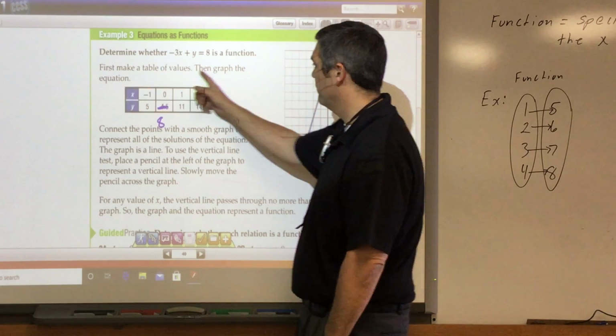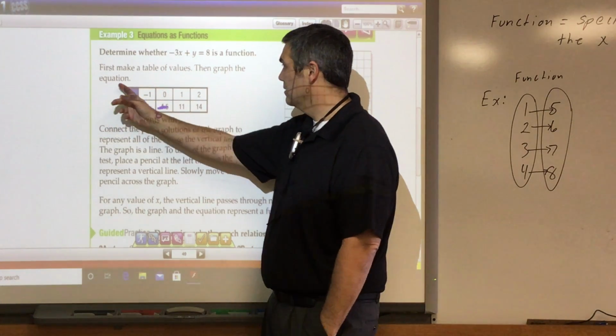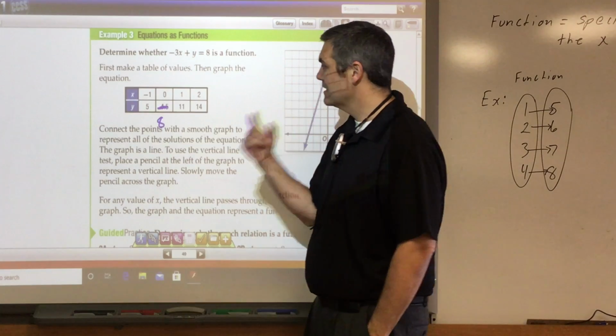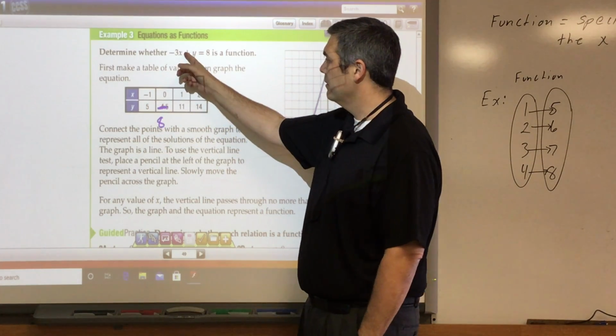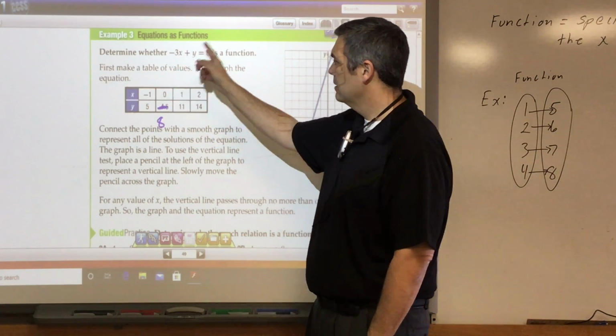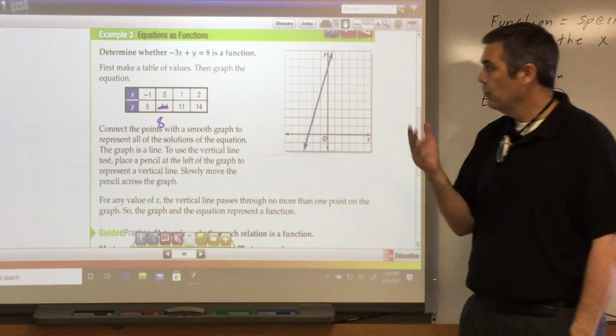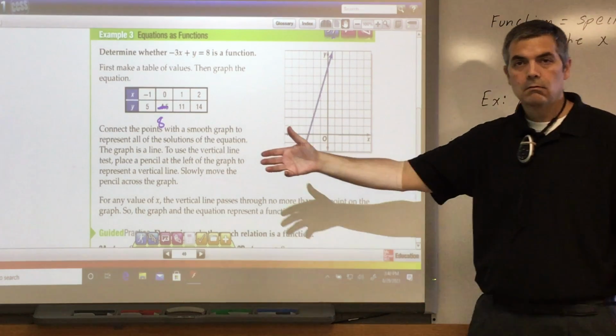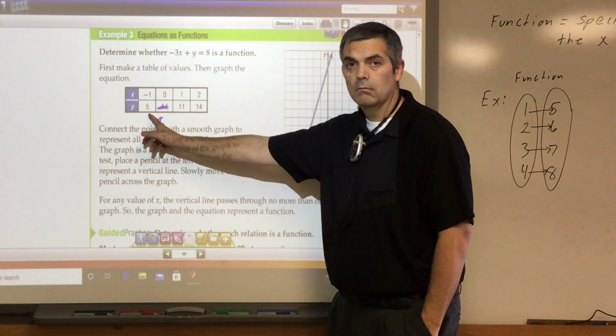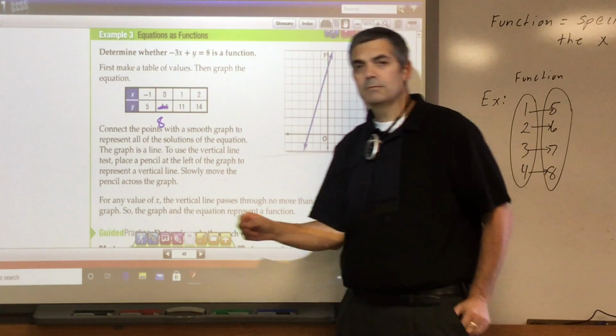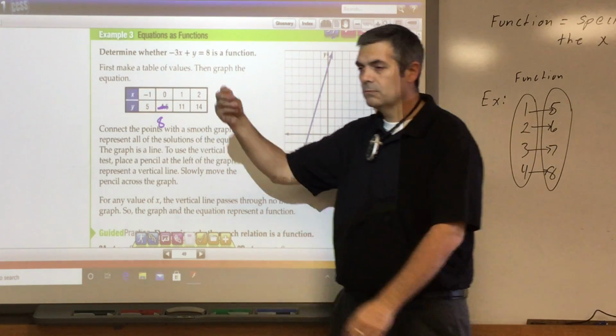So first make a table of values when they graph the equation. So what they did was they said, well, let's take x and plug it in here. Well, -3 times -1 gets me a +3. Well, what do I add to 3 to get 8? Well, that's my number right there. And then they took another x and they substituted in. 0 times -3 gets me 0.